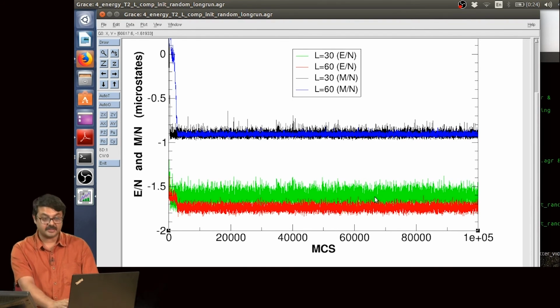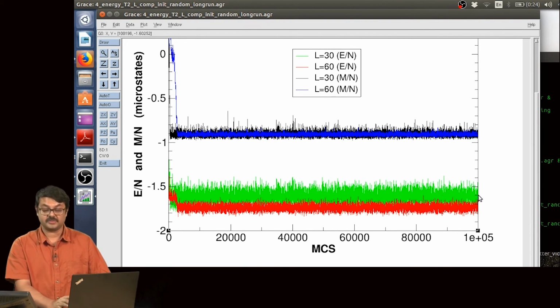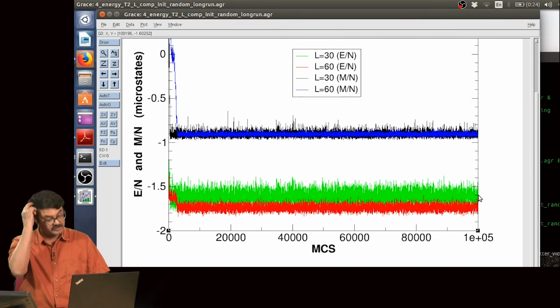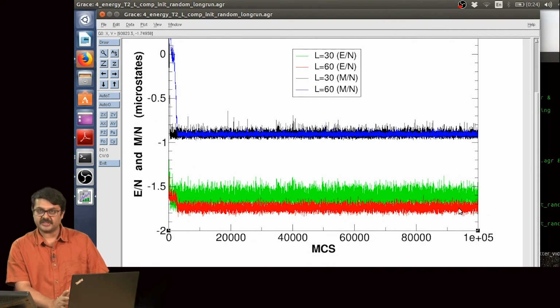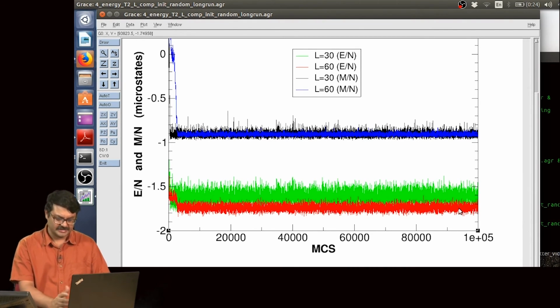So, if we calculated the mean from this, which would be essentially the thermodynamic mean that you compare at T equal to 2, then there would be a shift. So, which data should we rely on, L equal to 60 or L equal to 30?